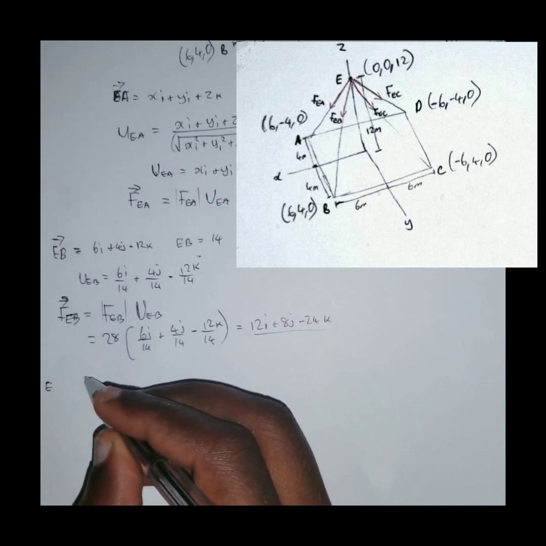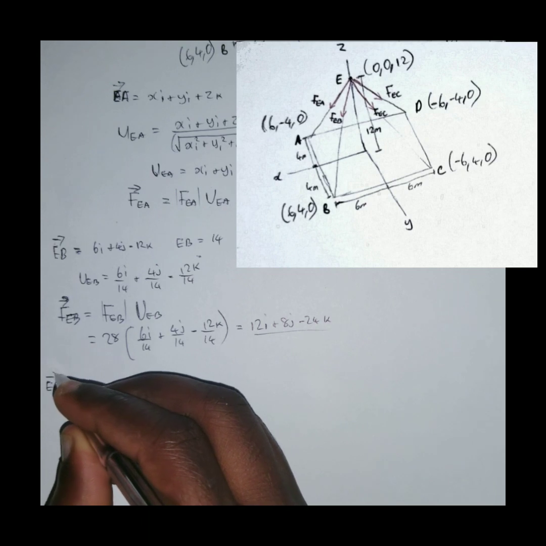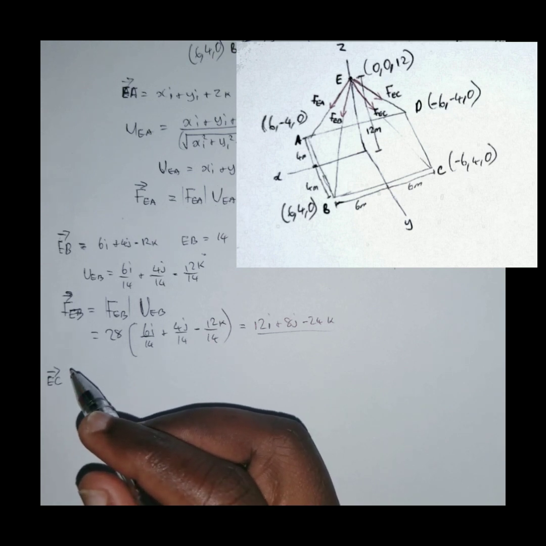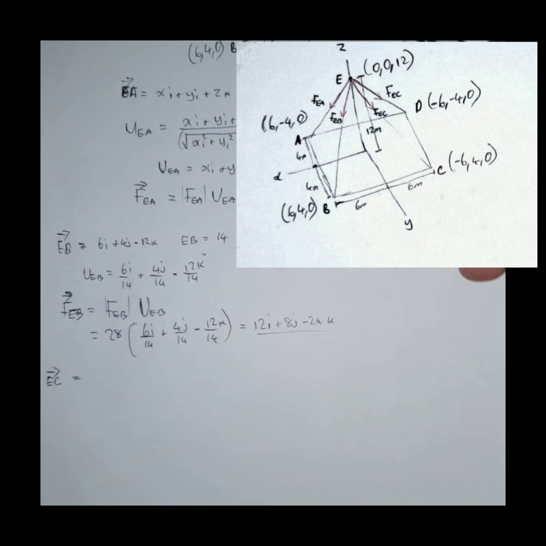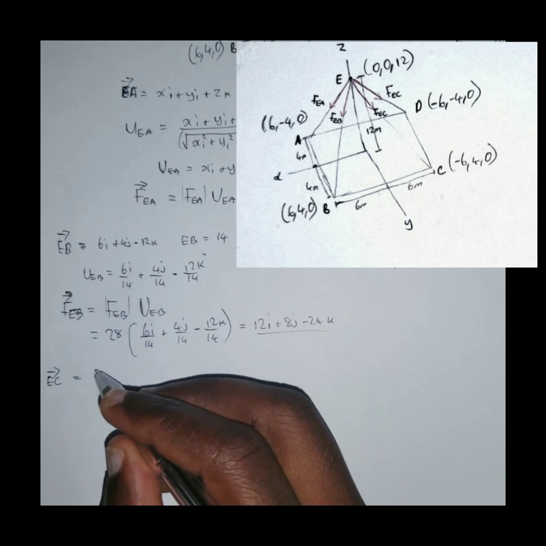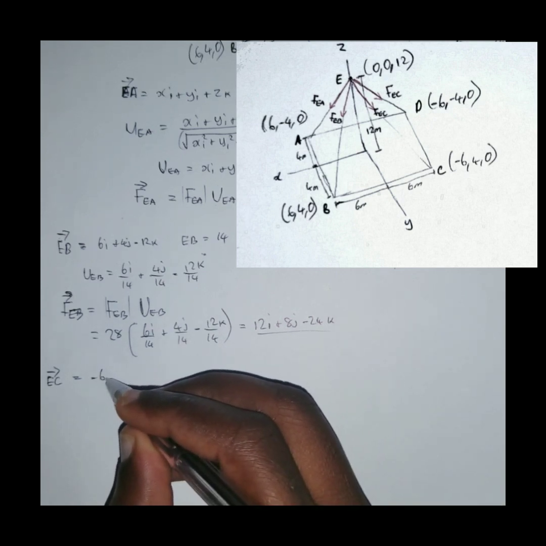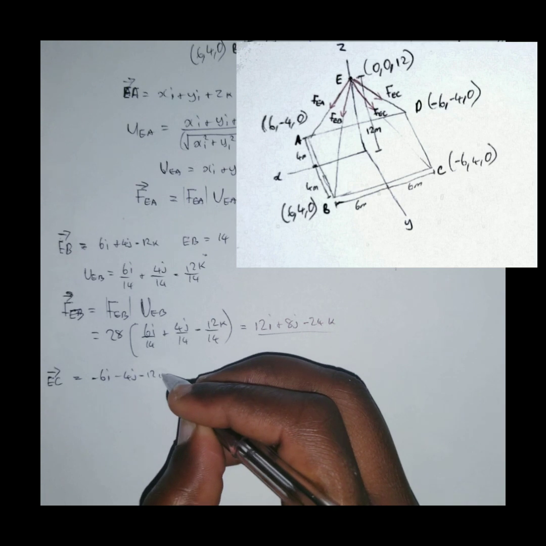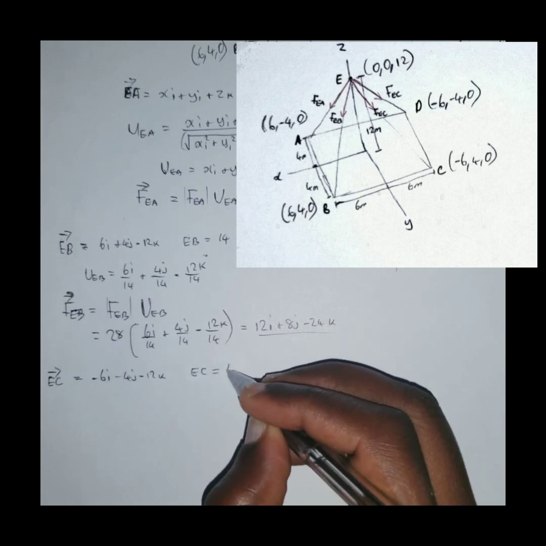Similarly, for EC we're going to have negative 6 minus 0, we're going to have negative 6i minus 4j minus 12k, and the magnitude of EC would be equal to 14.